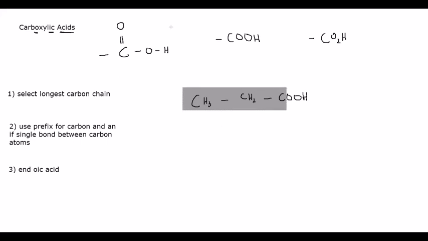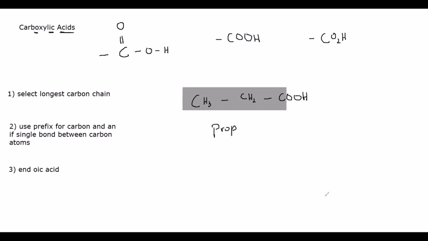So these are the 3 carbon. Then use a prefix for the carbon. If there are 3 carbon, what prefix we will use? Sir, but here won't we number them here? No need to number because this is always the first carbon. So you don't have to number. 1, 2, 3. So this is always the first carbon. So 3 carbon atoms are there, so that's why it is prop.